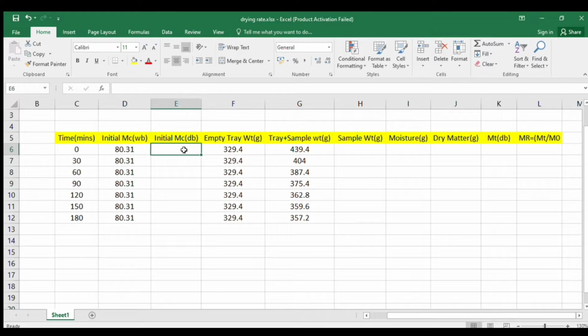Then we have to calculate moisture content in dry basis. We will convert this moisture content, which is in weight basis, into dry basis. A moisture content dry basis is nothing but the ratio of moisture to the dry matter.